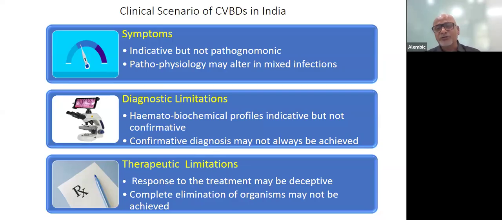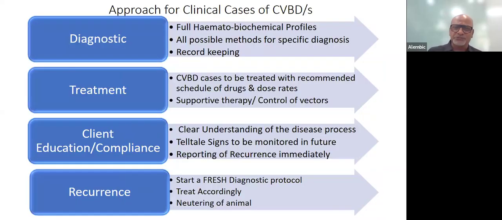Of course, it is difficult to judge also, because in all these infections, unfortunately, there is no protective immunity. So you wouldn't know whether it is a new infection or a relapse. That differentiation is really very difficult, and this is a very tricky situation you are confronted with in field conditions. So what should be the approach?